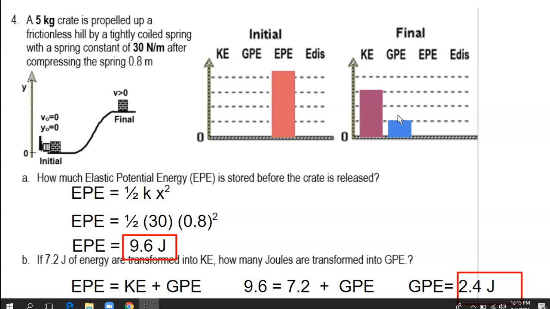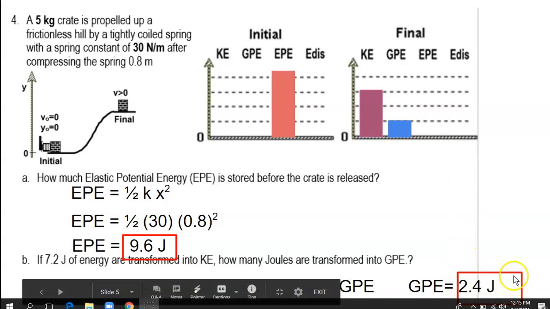Well, that's where we can set up the equation. We know on the left, elastic potential energy equals on the right, kinetic energy plus GPE, and that's what we see at the bottom there. We know the EPE is 9.6. We calculated that in the previous problem. We know that the KE is 7.2, so we can solve for GPE. So the GPE is 2.4 joules.